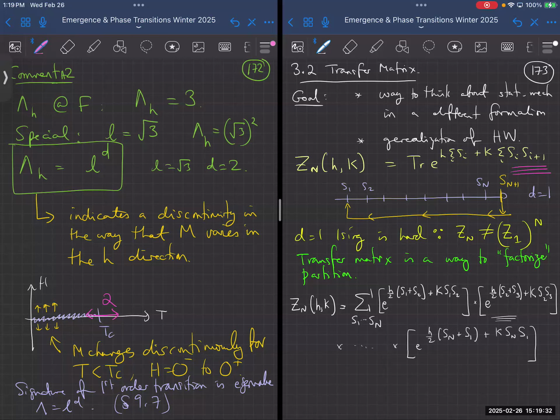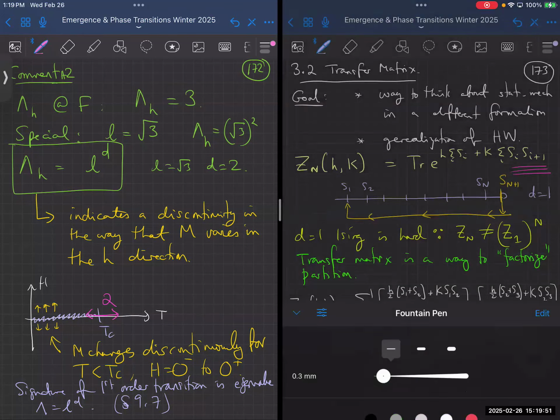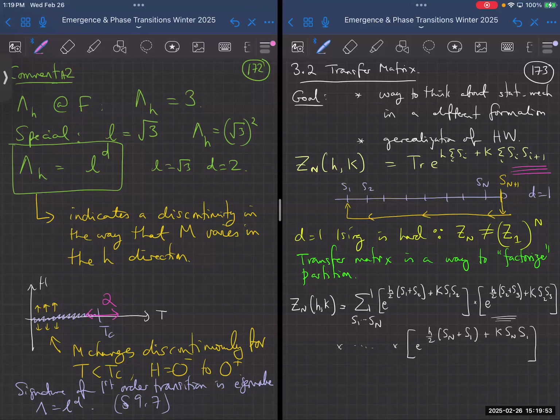That adds to the h over 2 S2 from the first bracket, and so that gives me e to the h times S2. The k's are all fine. And then the last one is Sn plus S1, because it's periodic boundary conditions, that gives me the extra factor.